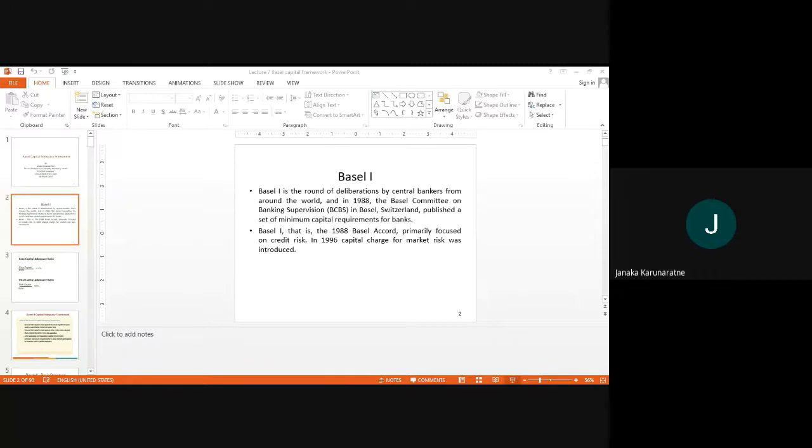Despite Basel I being there, the regulators around the world and the Basel Committee felt that there are other risks which are prominent, such as operational risk, and also you need to look at a somewhat macro framework for the Basel capital framework, not just the ratios. It's not appropriate to confine your entire capital base by looking only at particular risks and calculating the capital adequacy ratios for those risks.